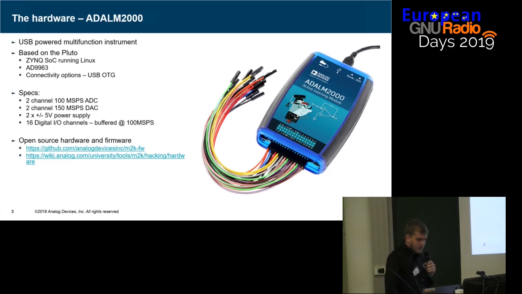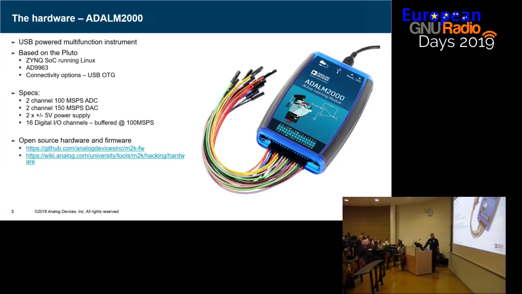So the ADALM2000, or just M2K for short, is a USB-powered multifunction instrument. It is based on the same infrastructure as the Pluto, and it has a Zynq SoC that is running embedded Linux, but the analog front end is different, and it has an AD9963 chip. Also, like the Pluto, it has several connectivity options.